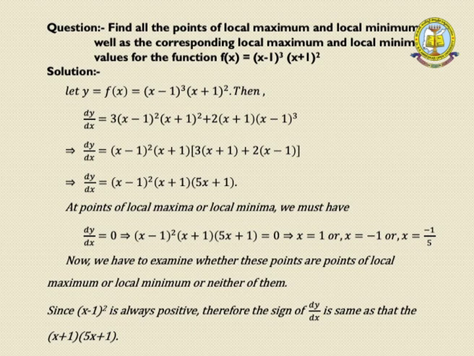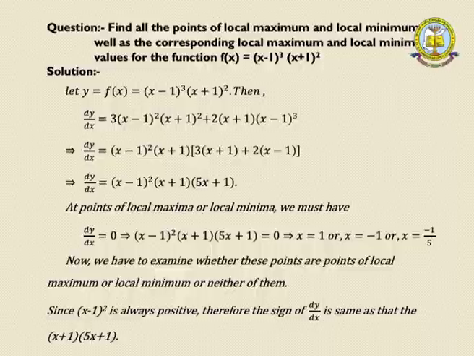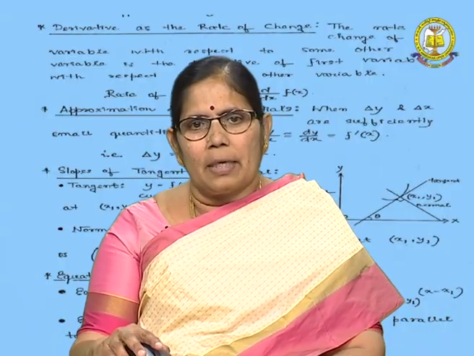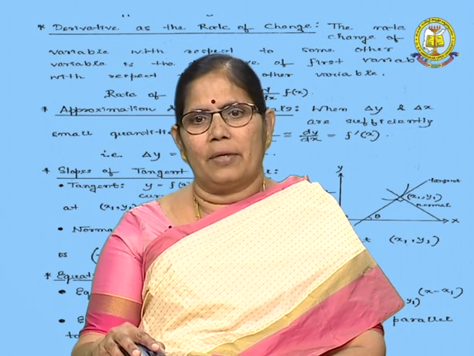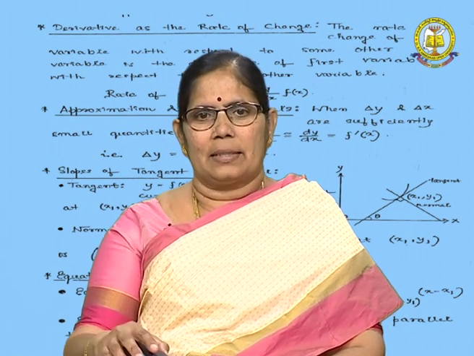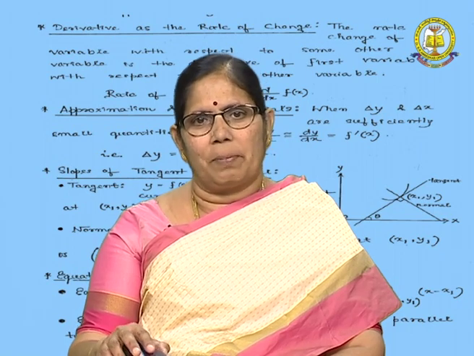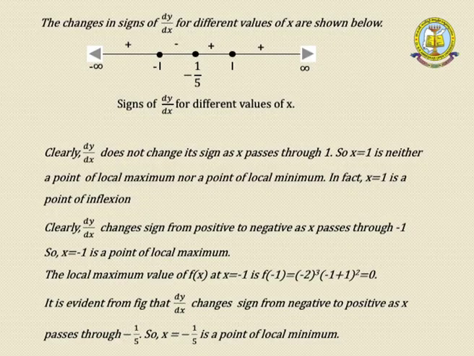Here, what is dy by dx? You have (x minus 1) whole square into (x plus 1) into (5x plus 1). Now, (x minus 1) whole square is always positive. Therefore, the sign of dy by dx is the same as that of (x plus 1) into (5x plus 1). Look at this diagram, the changes in signs of dy by dx for different values of x: from minus infinity to minus 1, minus 1 to minus 1 by 5, and minus 1 by 5 to 1.